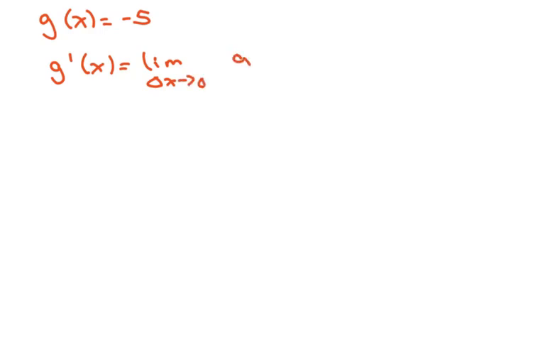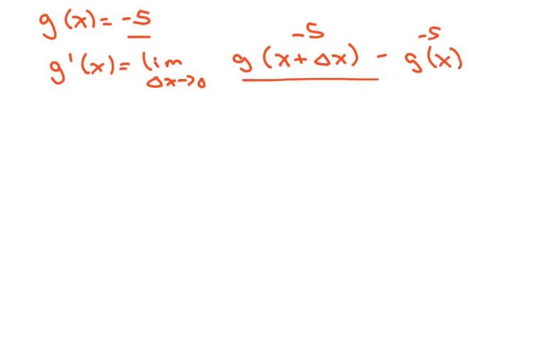And this next one's very similar. We have g of x is negative 5, and basically the derivative of g is the limit as delta x approaches 0 of g of x plus delta x, which is just negative 5, minus g of x, which is just negative 5, over delta x.